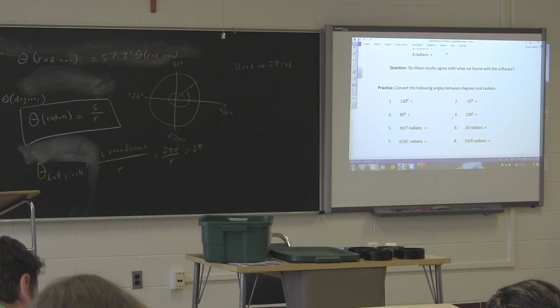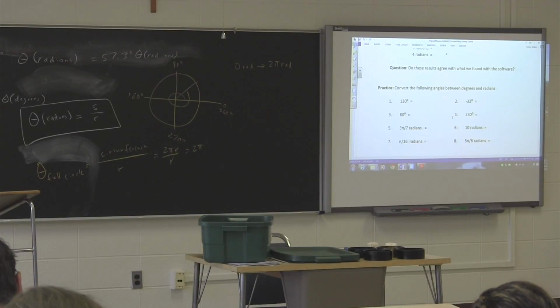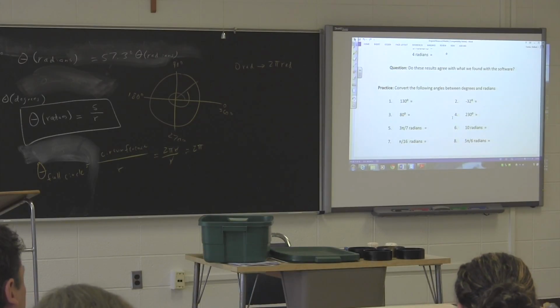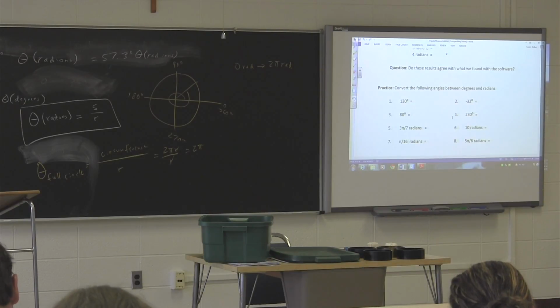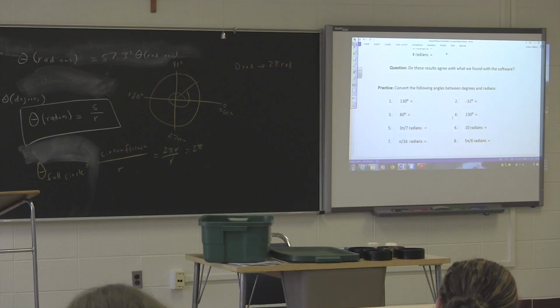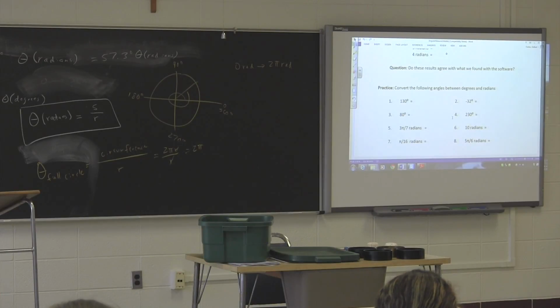Has everyone calculated angles, or you're still working on them, or conversions? Okay, so why don't we just go in order here? 1 radian is 57.3 degrees, more or less. 2 radians.